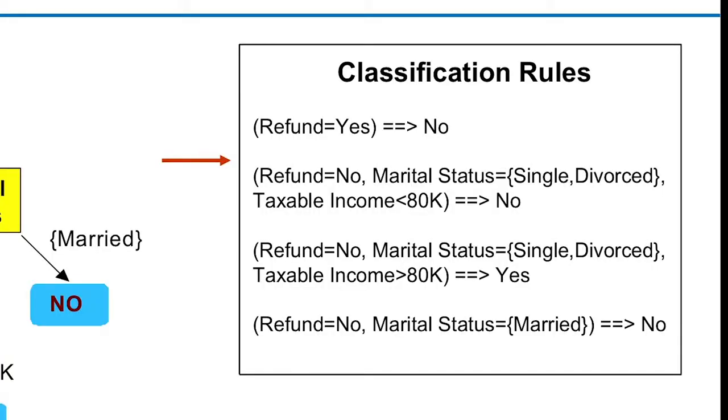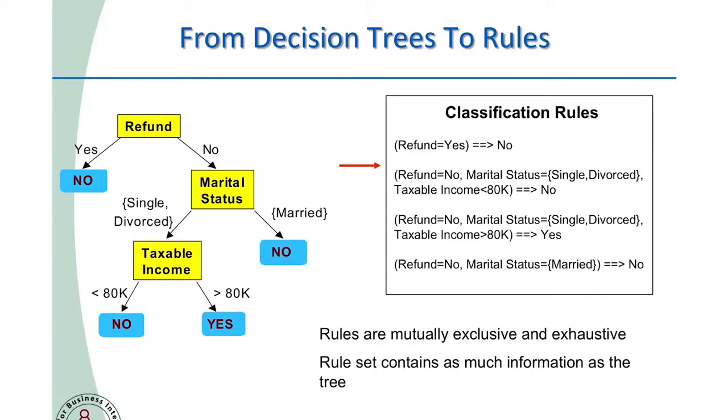From this setting, we've seen that if refund equals yes, then tax cheat equals no. If refund is no, marital status is divorced, and taxable income is less than 80K, then no. So as you can see, we move through the different paths of the decision tree to come up with each specific rule. We consider these mutually exclusive and exhaustive, and the rule set contains as much information as the decision tree.